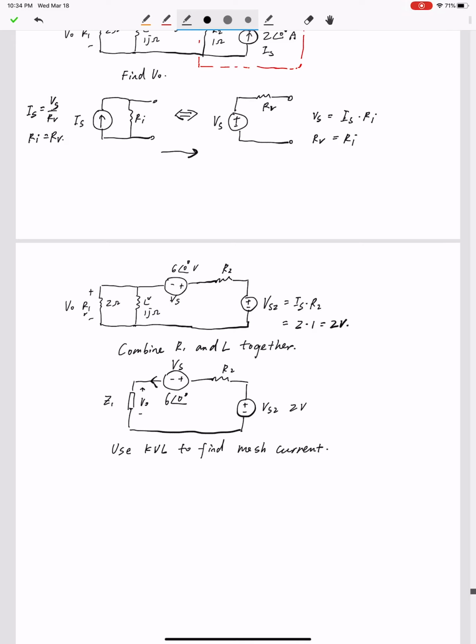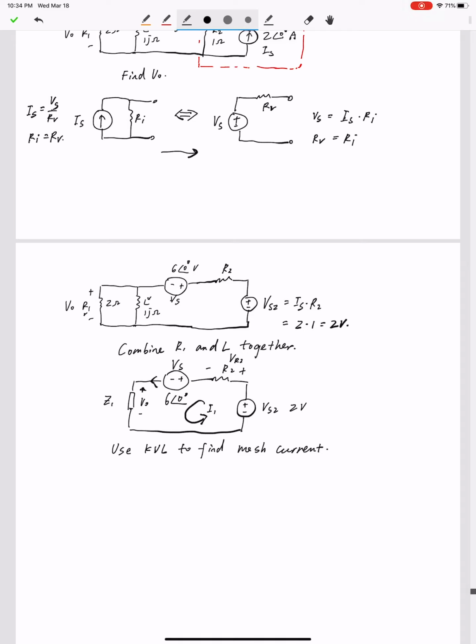The overall current should flow this way, based on the polarity of V0, which means the mesh current flows in the anti-clockwise direction. So let's name it I1. Following the direction of I1, the voltage on R2 should be positive on the right hand side, negative on the left hand side.